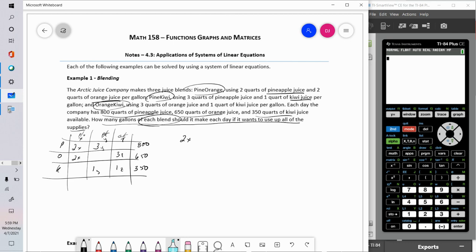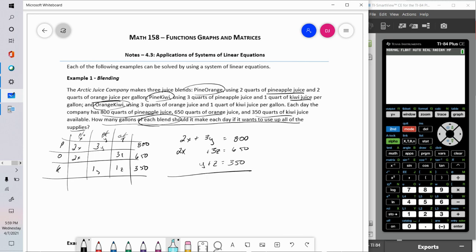So 2x plus 3y is equal to 800. 2x plus 3z is equal to 650. And 1y plus 1z is equal to 350.